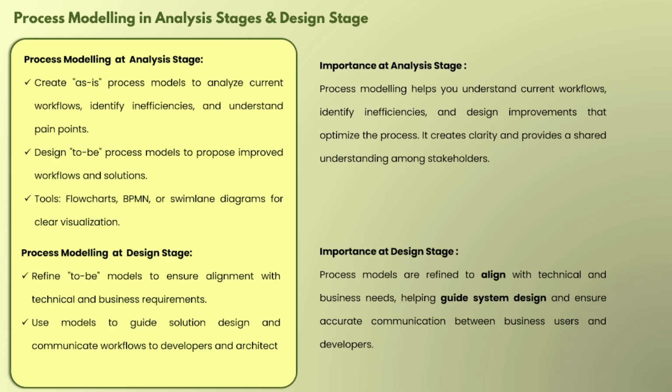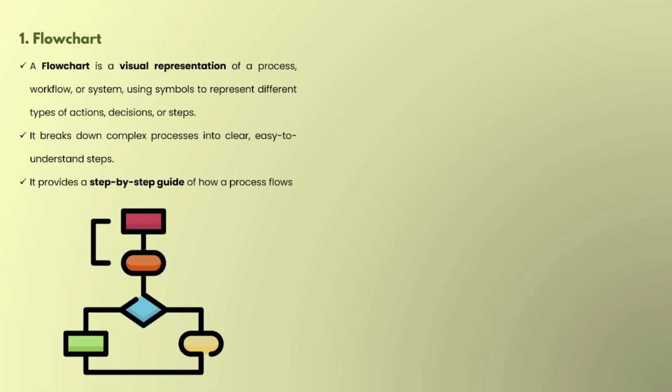Now let's move on and see techniques one by one which make you more comfortable with process modeling. Very first is the flowchart. A flowchart is a visual representation of a process, workflow, or a system using symbols to represent different types of actions, decisions, or steps. It breaks down complex processes into clear, easy to understand steps. It provides a step by step guide of how a process flows.